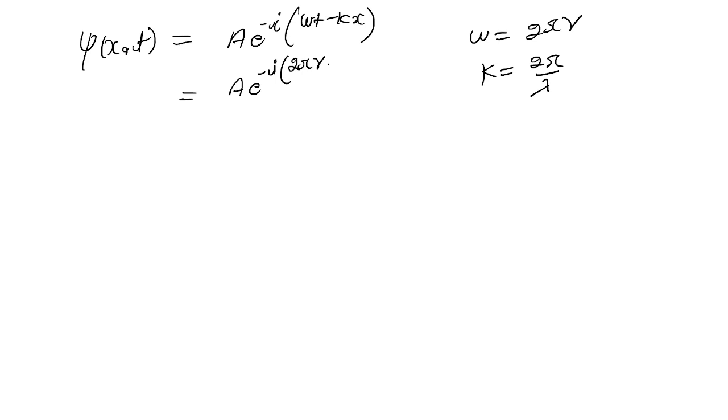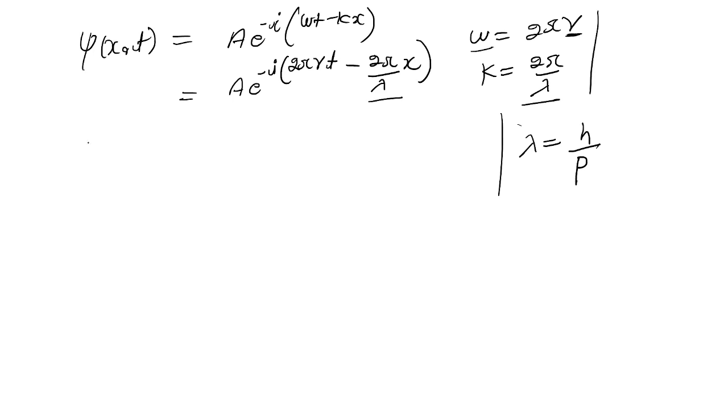From the de Broglie equation, from the dual nature of matter, we know that lambda is equal to h over p. So here we put the value of lambda. And nu is the frequency, and we know how to find the energy from it: E equals h nu.